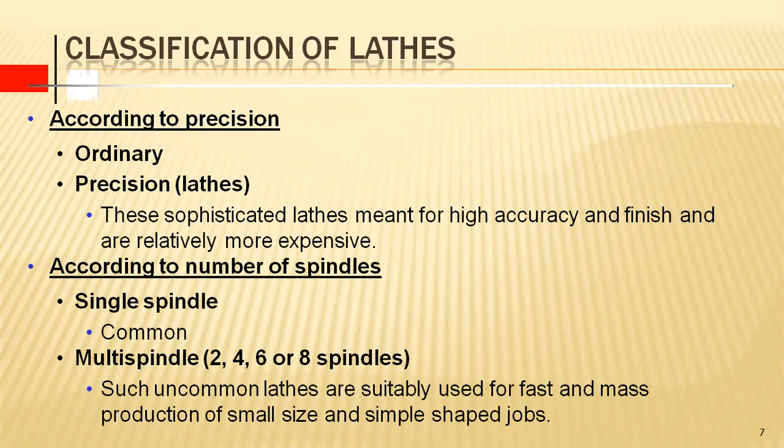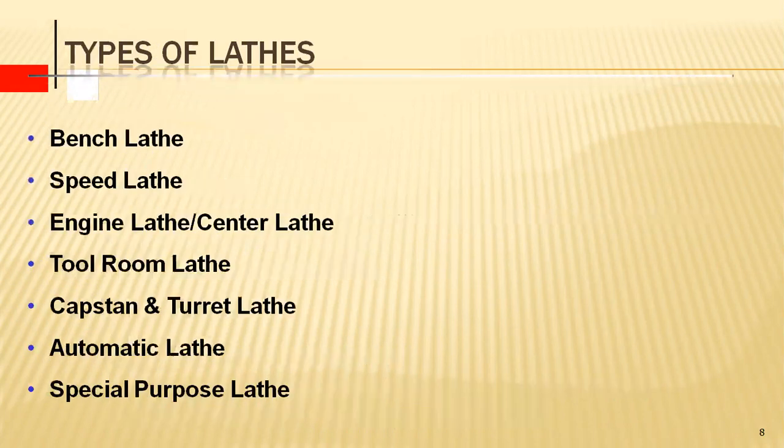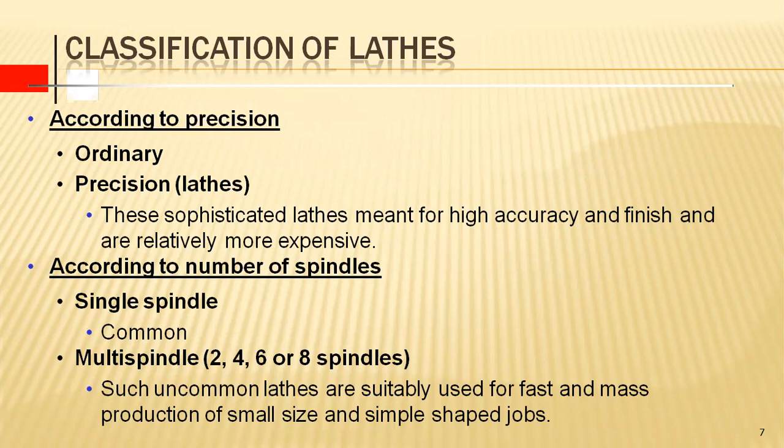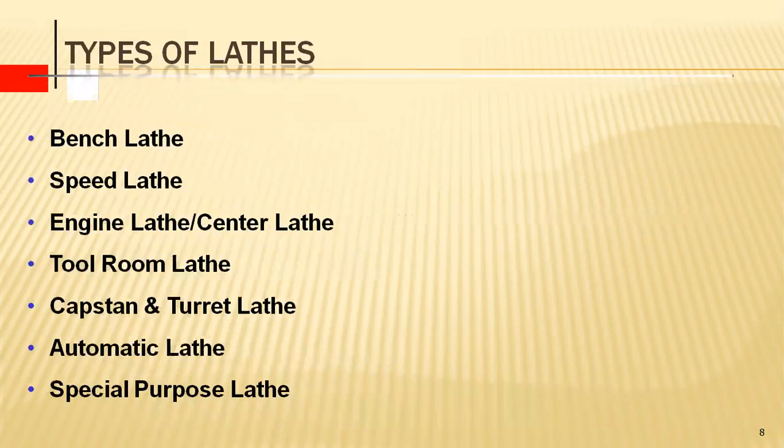According to the number of spindles: a single spindle or multi-spindle movements. For common applications, we utilize the single spindle, while uncommon lathes that need high machining or a high quantity of manufacturing lead towards multi-spindle processes.